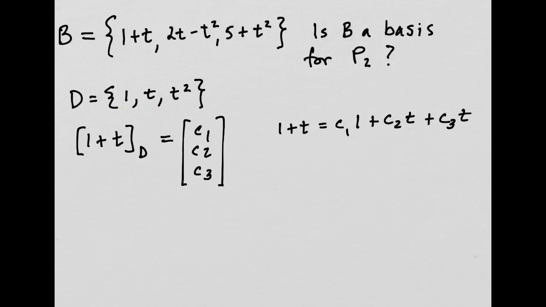From this equation it's pretty easy to observe that C1 is equal to 1, C2 is also equal to 1, and C3 is going to be 0. That's t squared there. So we can say the coordinate vector of 1 plus t relative to D is the vector 1, 1, 0.